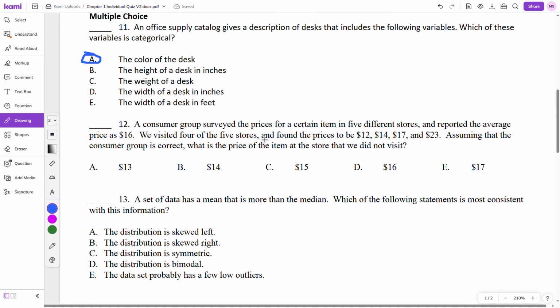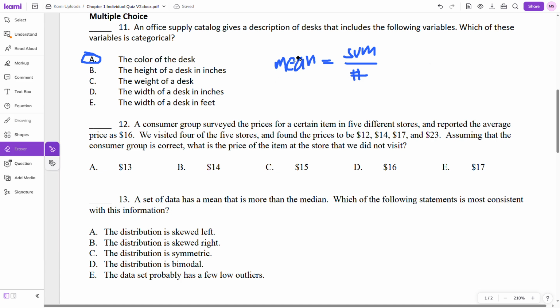Number 12. A consumer group surveyed the prices and reported an average price of 16. Now, we haven't really done a lot of questions like this. We do know what mean is. We do know that mean equals the sum of terms divided by the number of terms. So in this case, we have 4 values and 1 unknown. So I'm going to put that as my sum.